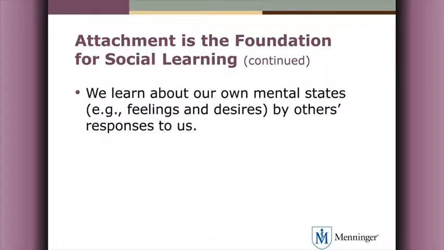So, for example, the caregiver will signal to the baby or to the child something about what she or he perceives as going on. Or in families, talk about emotions. Well, how were you feeling? Here's what I thought you were feeling. So this is how we learn about not just other people, but actually ourselves. We kind of learn about ourselves from the outside in.